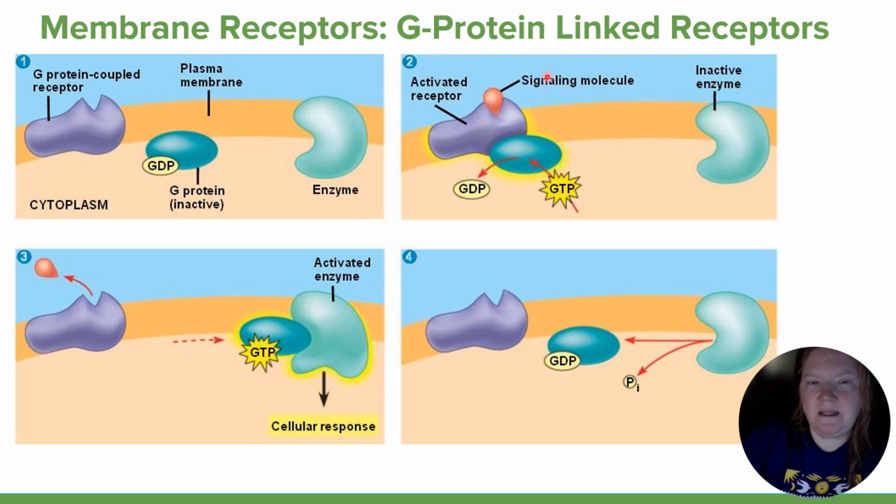Once the ligand binds to the receptor, it changes shape, you can see GTP replaces the GDP, and then this G protein travels over here, activates this enzyme, and now we get a cellular response. And remember, part of that is that they're reversible. So again, that GTP is going to be replaced with a GDP. This enzyme will be inactivated and it can continue.